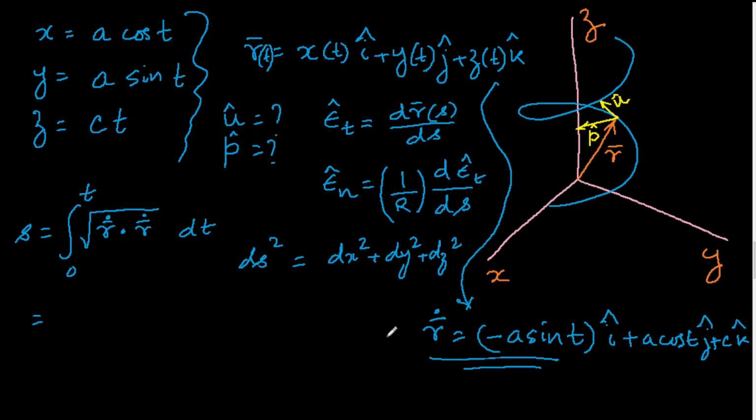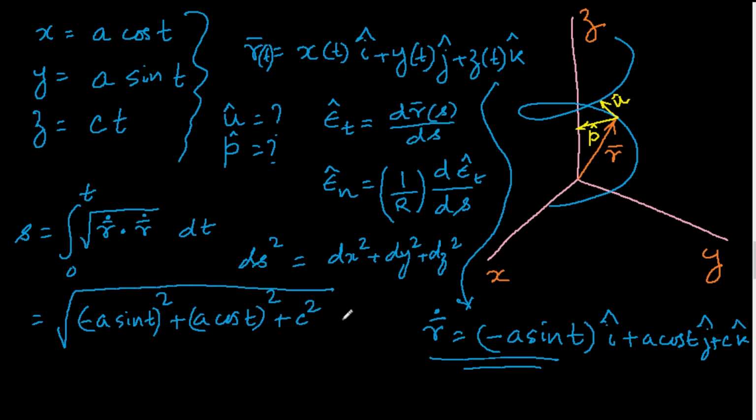Now you substitute it here. So what will you get? So square of this, so minus a sine t squared plus a cos t squared plus c squared, right, under root dt, integral from 0 to t, right?